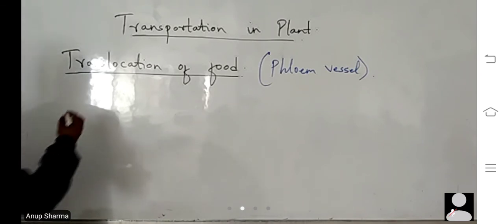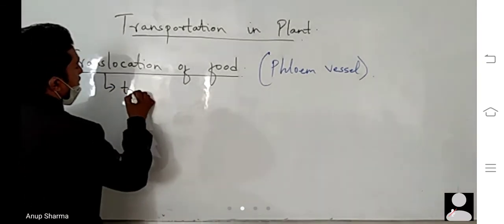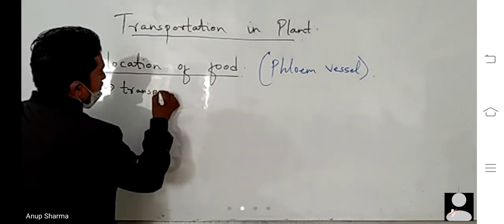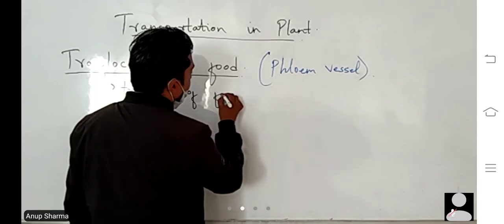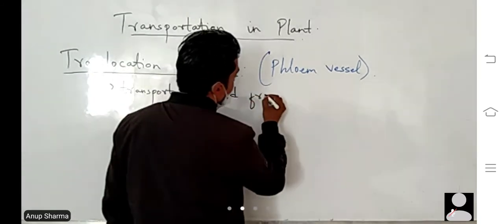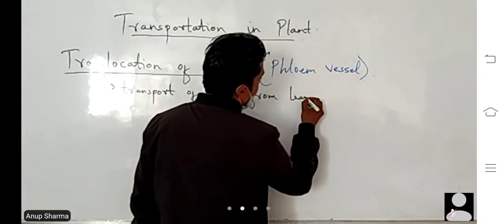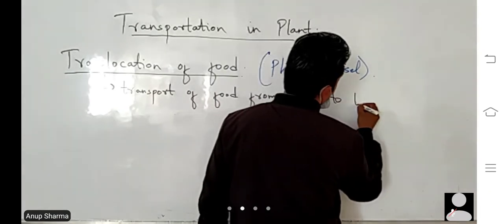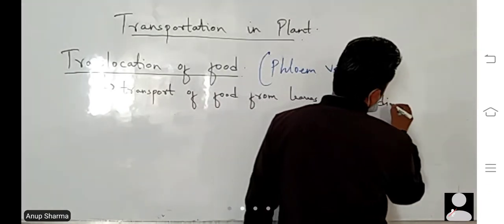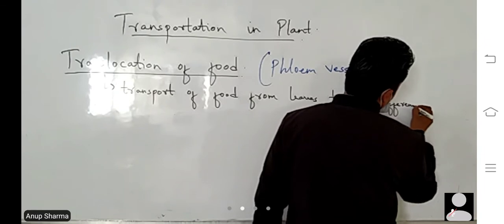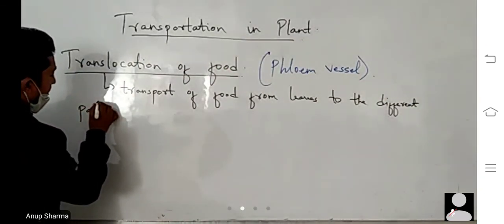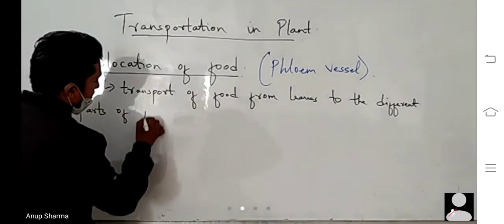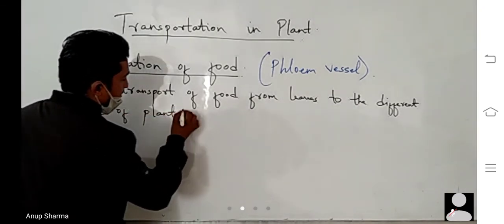That means it is the transport of food from leaves to the different parts of the plant.